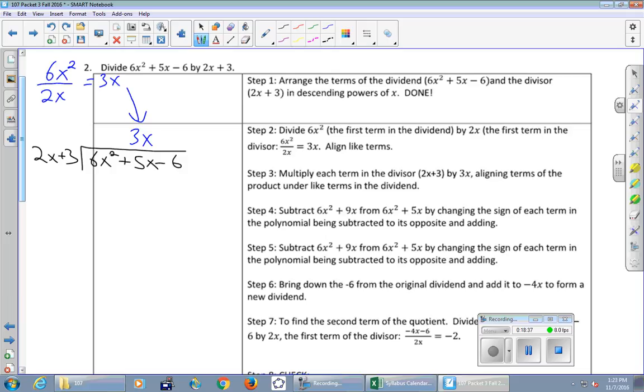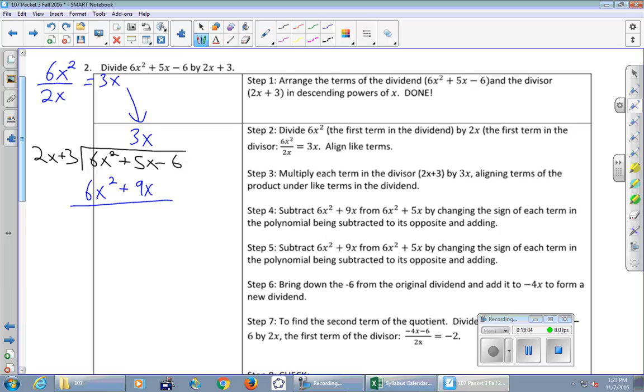It's just a detail. Okay, now we're multiplying what by what? 3x times the 2x plus 3, the whole thing. So we distribute: 6x squared plus, try again, 9x there. What happens with the 6x squareds?